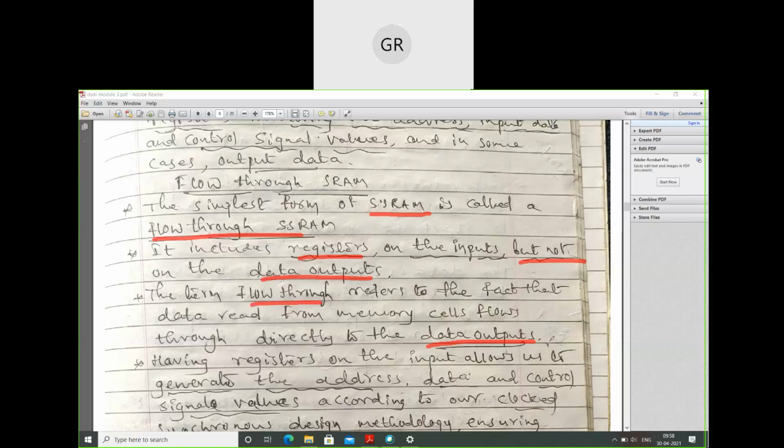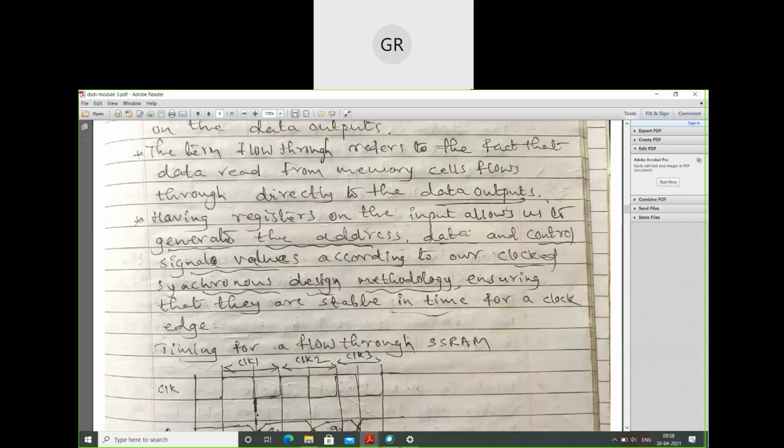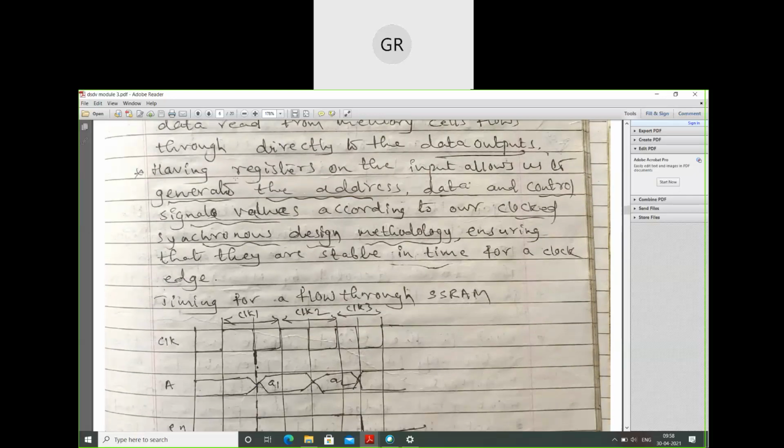Having registers on the input allows us to generate the address, data, and control signal values according to our clock synchronous design methodology, ensuring that they are stable in time for a clock edge.